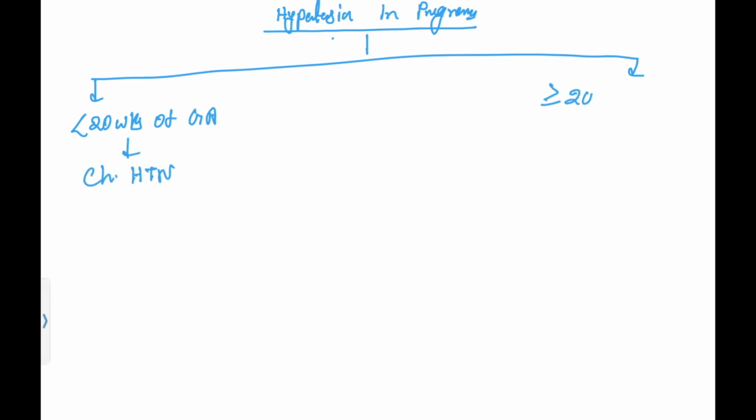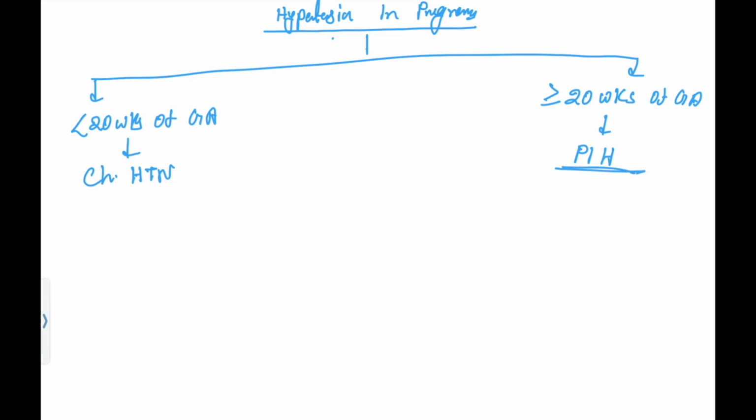If the mother has high BP after 20 weeks of gestational age, we will call it PIH. So what is the difference between chronic hypertension and PIH? In chronic hypertension, the mother already has high BP before pregnancy. Mother was never normotensive, which means the mother has a history of hypertension. Throughout pregnancy, mother will have high BP. Even after delivery also mother will have high BP.